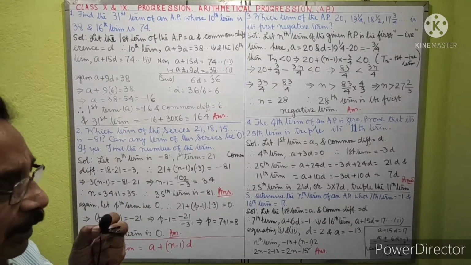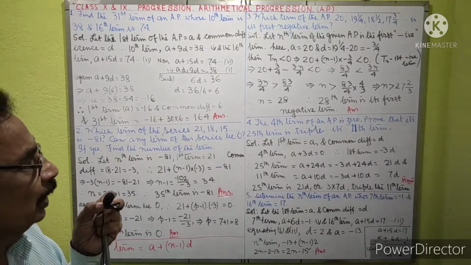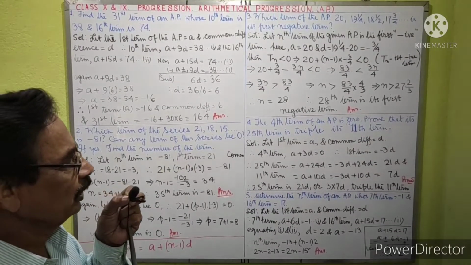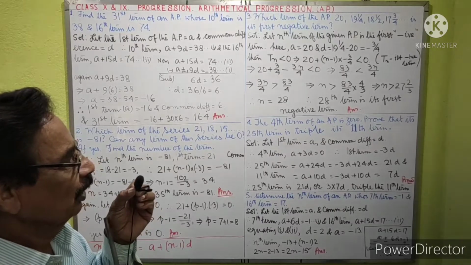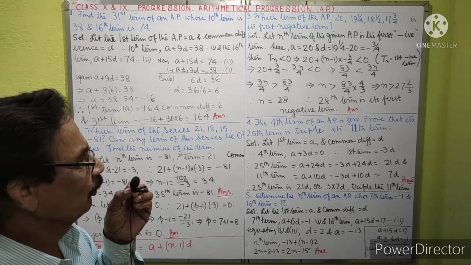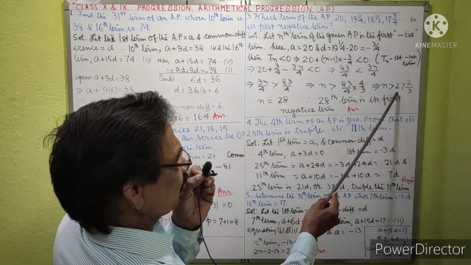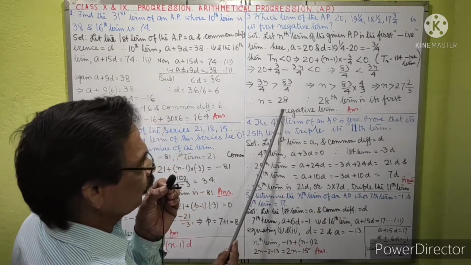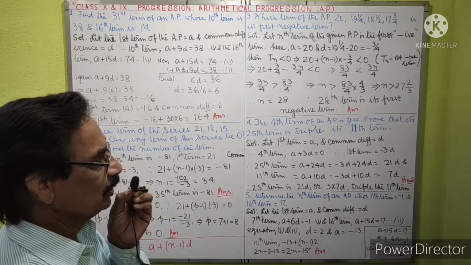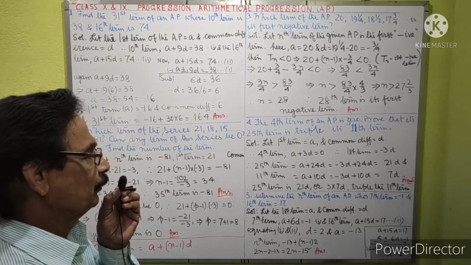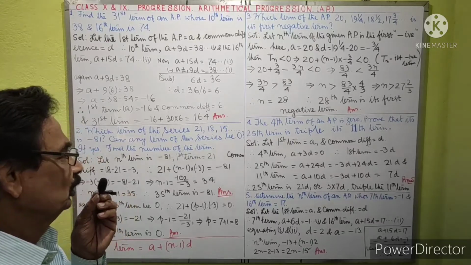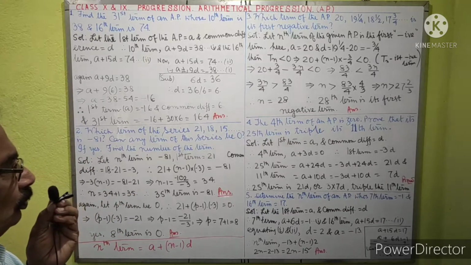Less than 0 means a negative term. After solving this inequation, n is greater than 27 2/3, that is n equal to 28. Therefore the 28th term is its first negative term. This is the answer.